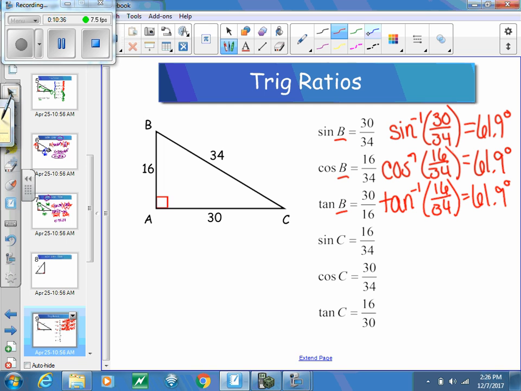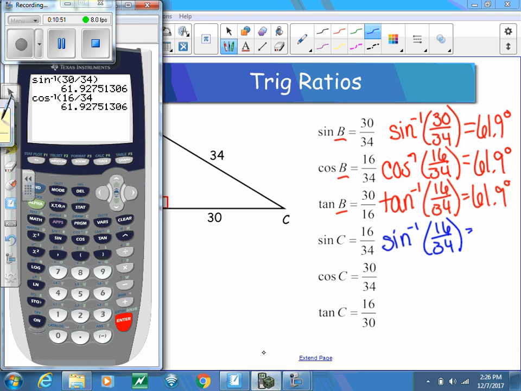Now on the next ones here, working with angle C, I'm going to get a different angle because it's a different angle of your triangle. Doing the inverse sine of 16 over 34, notice it's a different ratio than what we put into the calculator up above. And so if I do the inverse sine of 16 divided by 34, I'm going to get 28.1.